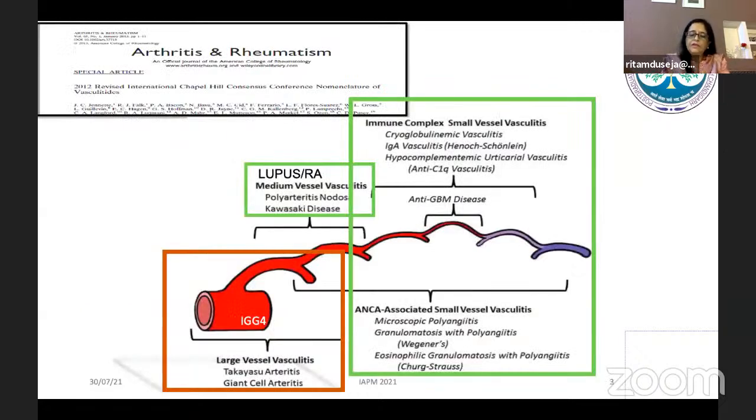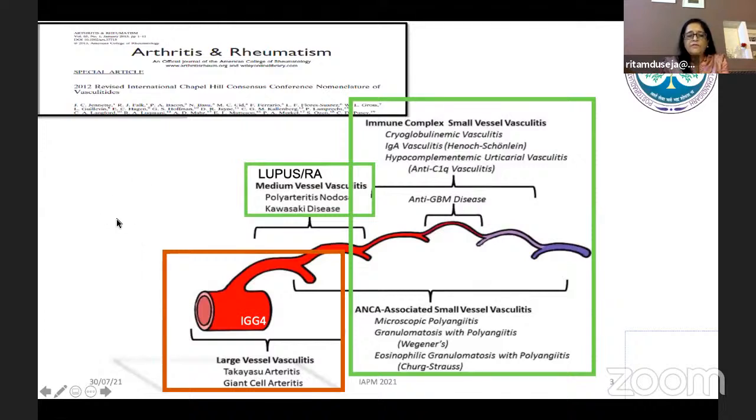As we know, most of us would have seen this diagram very often. This comes from Chapel Hill, where Professor Jennette and Ron Falk worked. They gave this nomenclature, which was updated in 2012.